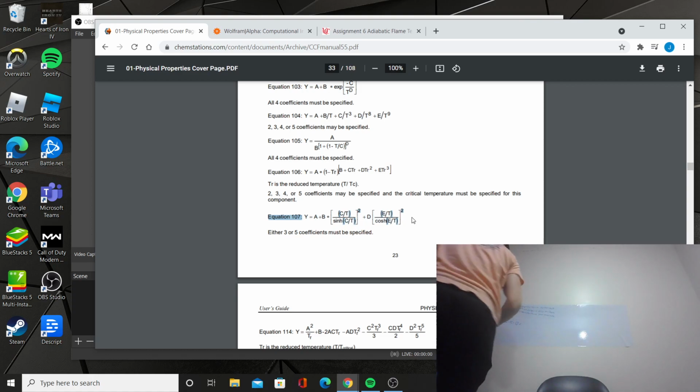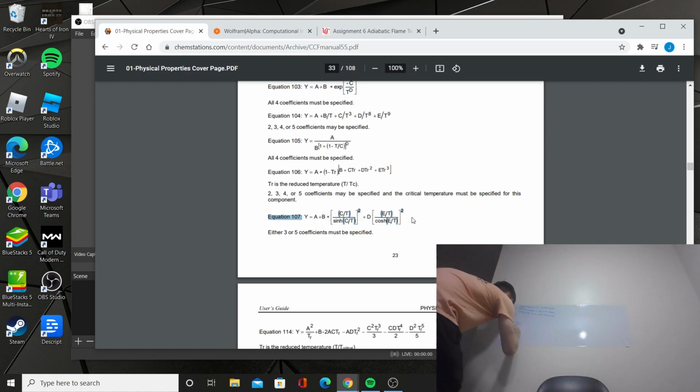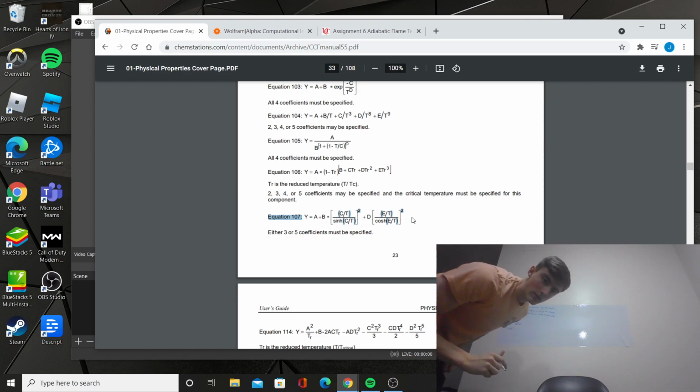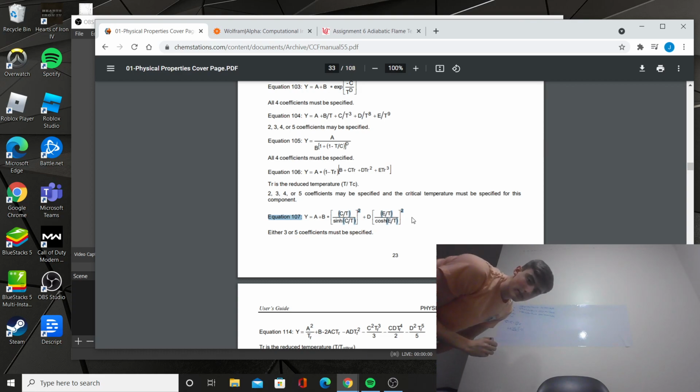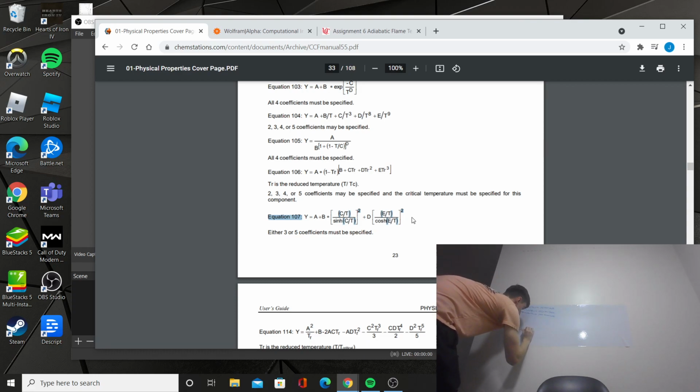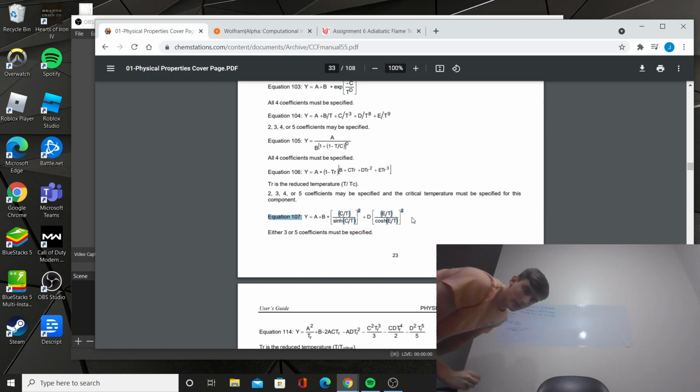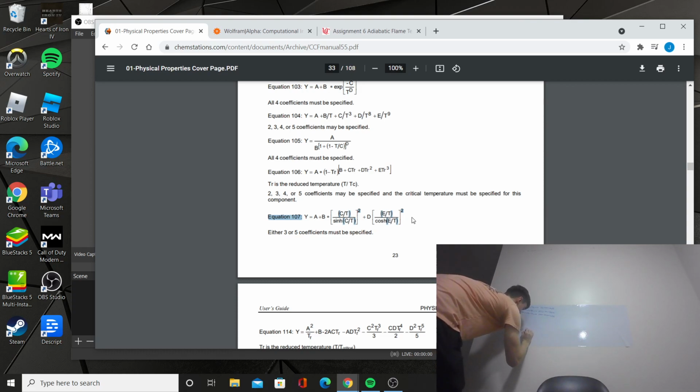That's going to be A plus B times (C over T) all over the hyperbolic sine of C over T, all that squared, plus D times, I believe that's E over T, all over the hyperbolic cosine of E over T, squared.